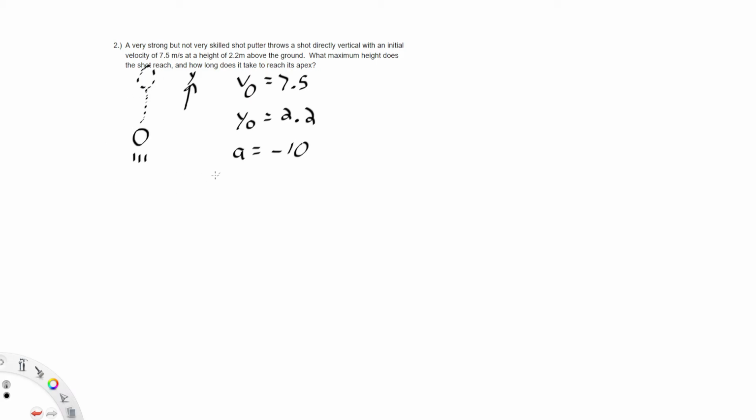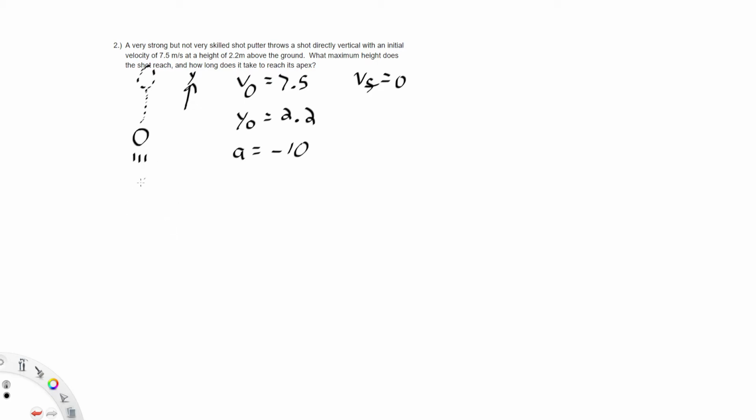There were a couple of ways to attack this, but the easiest is if you realize that at the apex, the y velocity will briefly be 0. And so you can solve for everything you need if you've made that assumption.